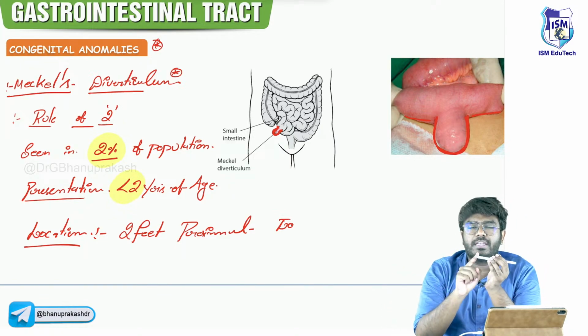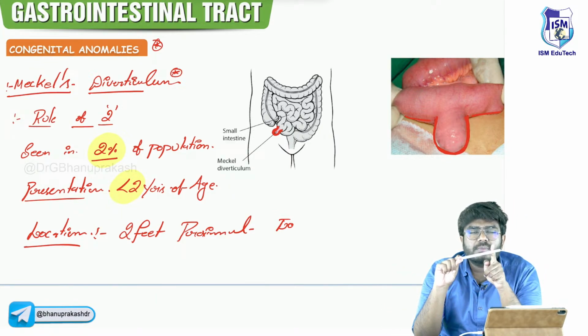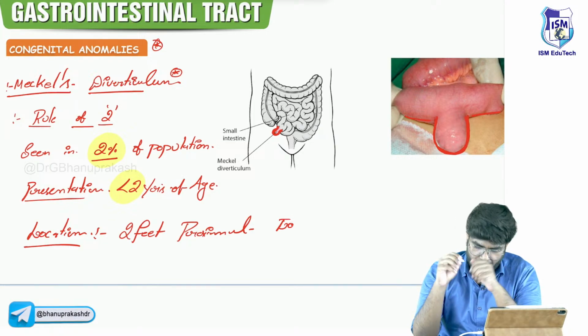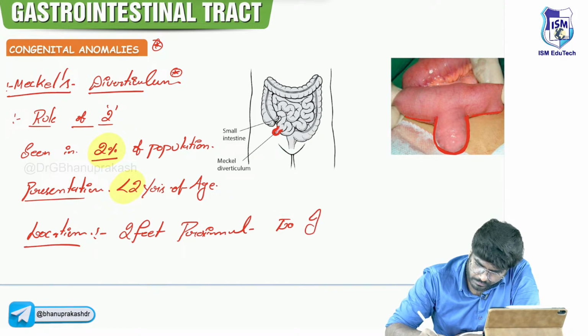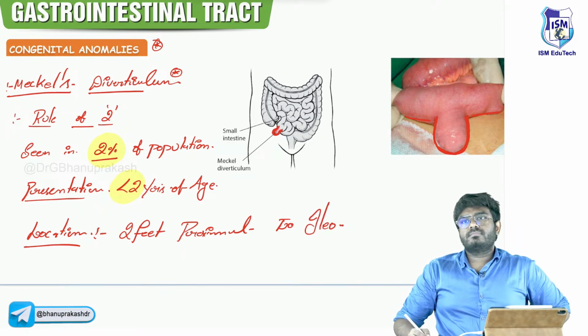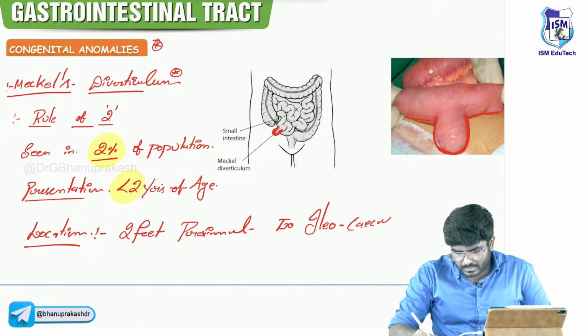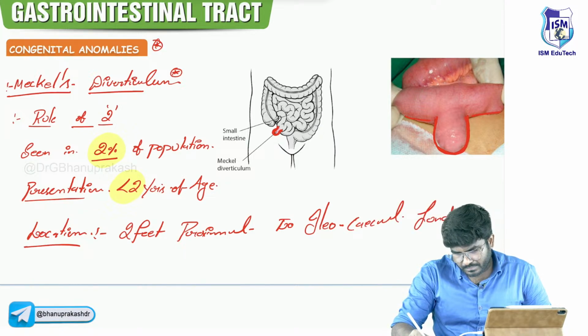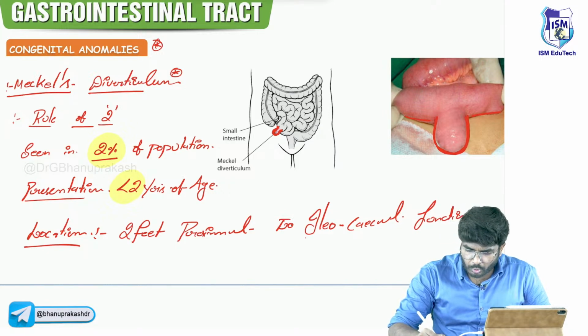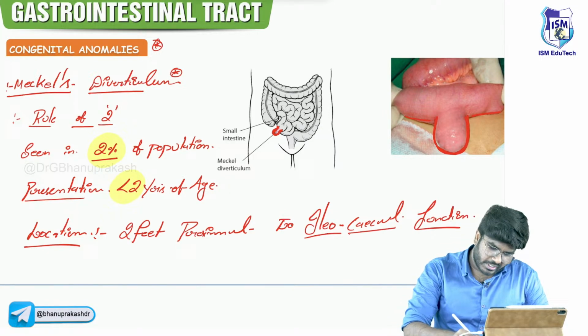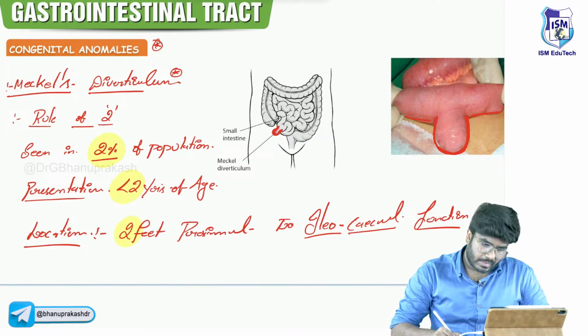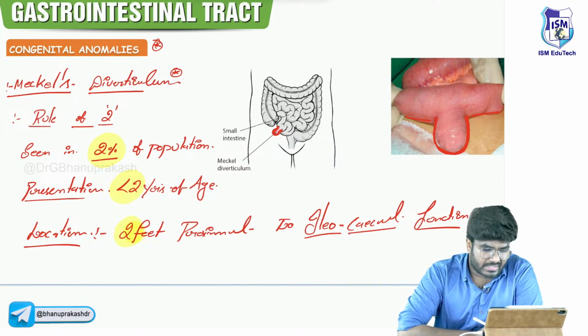For example, if here is the ileocecal junction, 2 feet proximal to the ileocecal junction, there is going to be this Meckel's diverticulum.